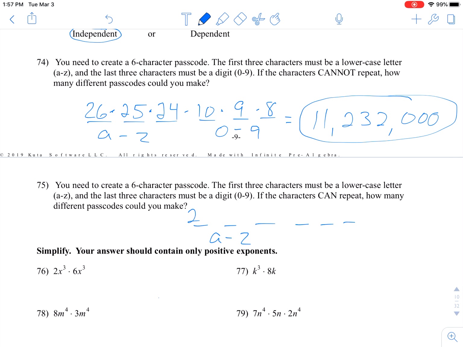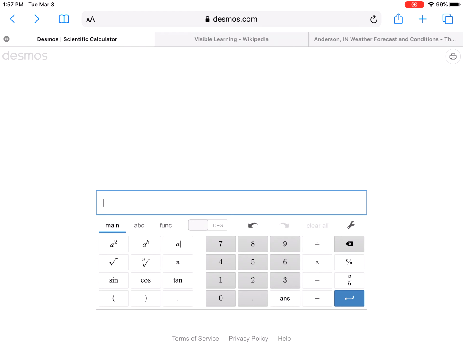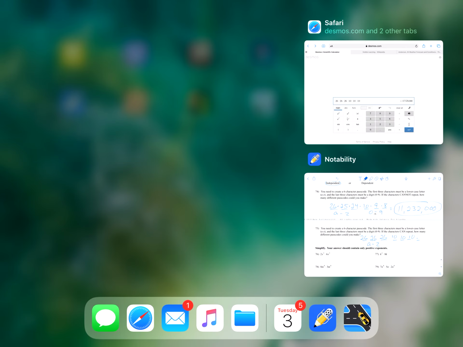Well, you have 26 letters to choose from, 26 letters to choose from, 26 letters to choose from, 10 numbers to choose from, and 10 numbers to choose from, and 10 numbers. Again, go to your calculator. You're simply going to do 26 times 26 times 26 times 10 times 10 times 10. And you're going to get 17,576,000. So 17 million.